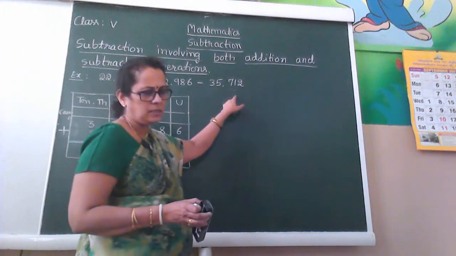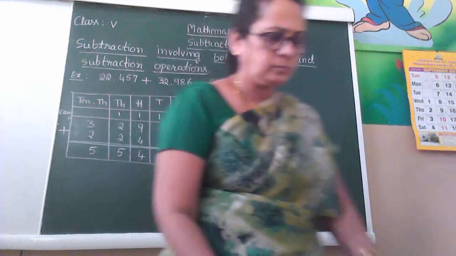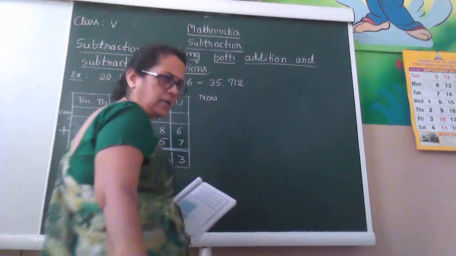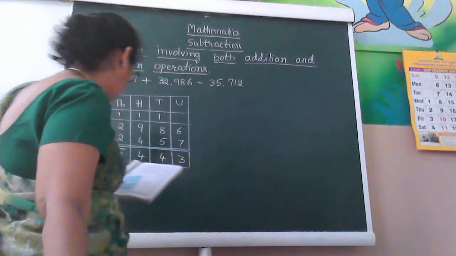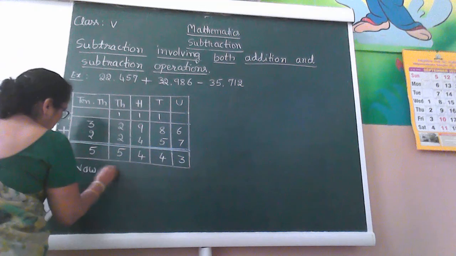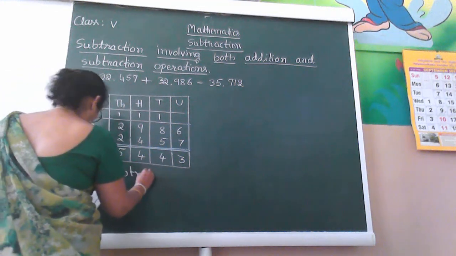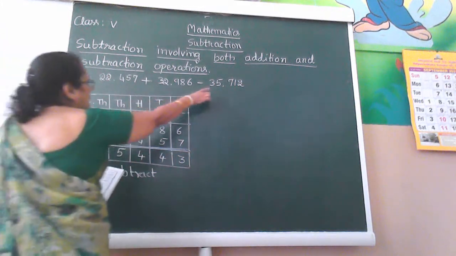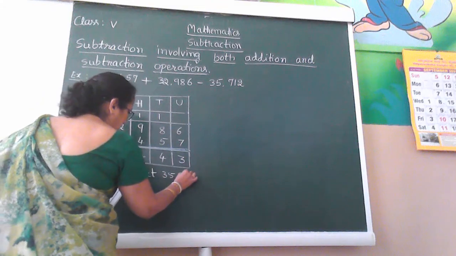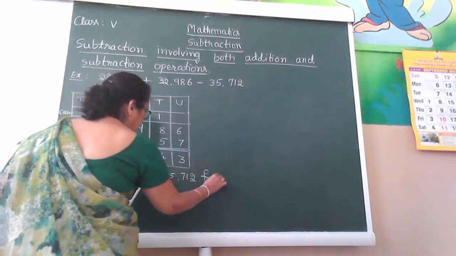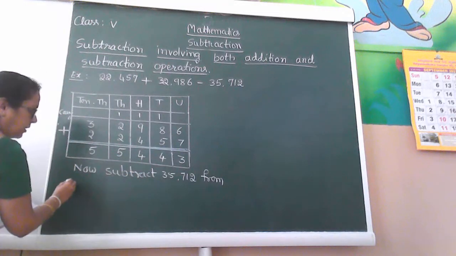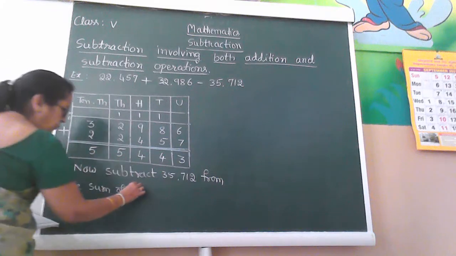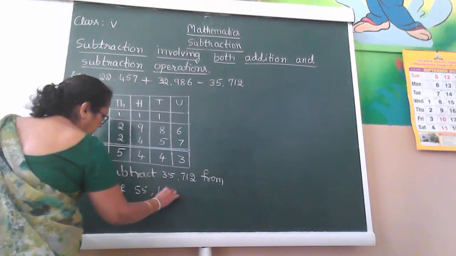Okay. In the next column, from the answer, whatever we got as the sum, from that you have to subtract this. Okay. Now subtract whatever we have written here, 35,712, from your answer, whatever we got from the sum of 55,443.